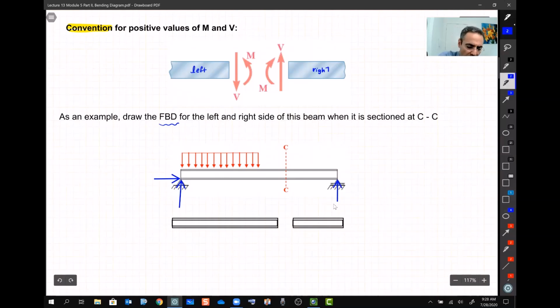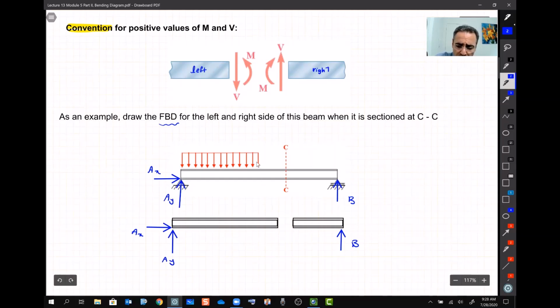Maybe let's call them AX, AY, and this is only one reaction, B. The same things are going to be on these. Nothing is going to change because I just cut at C. So here I have B, I have AX, and here AY.